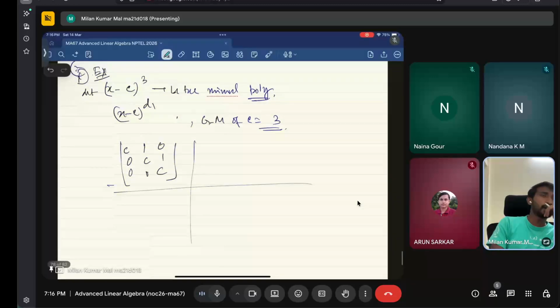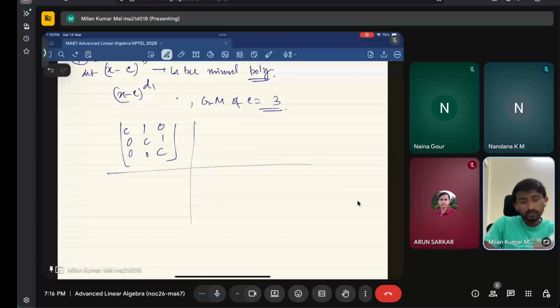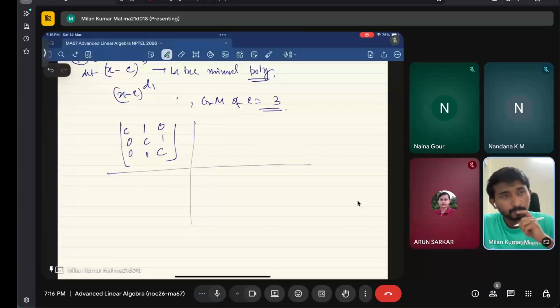But suppose I want the geometric multiplicity to be 4. So suppose another block is 0 1 0. See, this is another block.